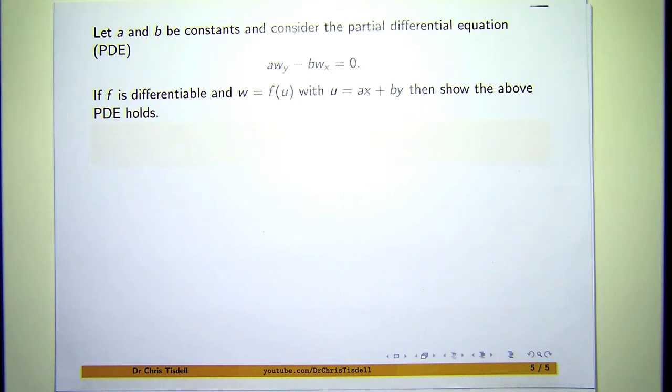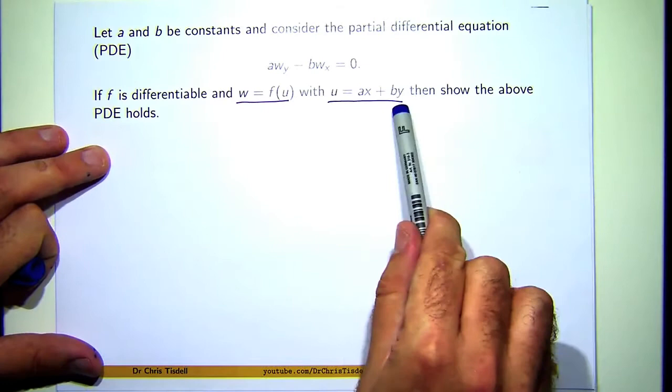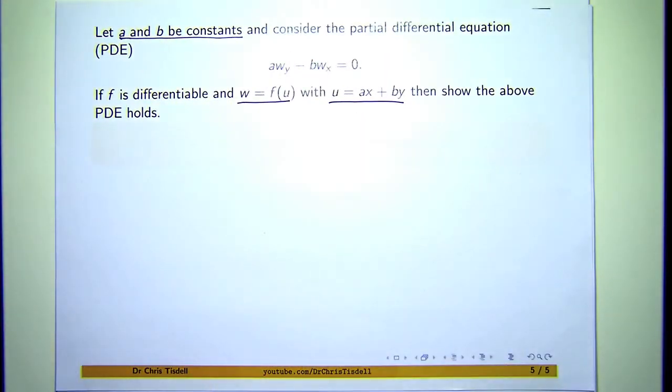Here we're given a problem involving a partial differential equation and a special form, w equals f of u, where u depends on x and y, the variables, and the letters a and b are just constants.